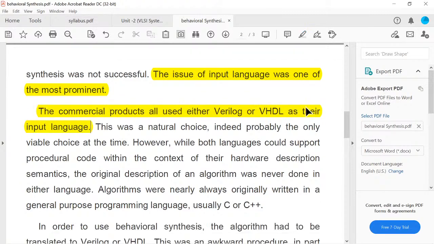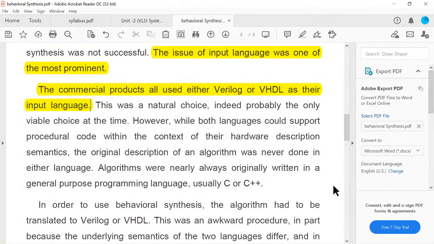It is already mentioned here, because that is the natural choice. Indeed, probably this was the only choice at that time, that the designer could use the Verilog language, or they use the VHDL language for their designing process.